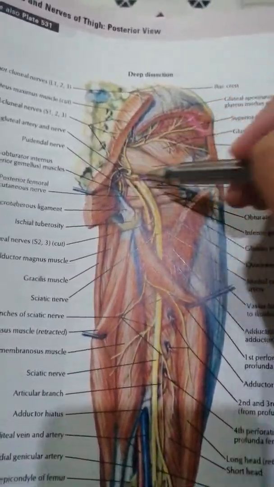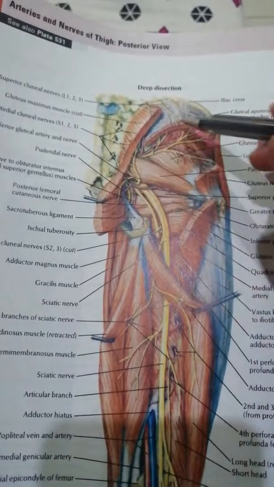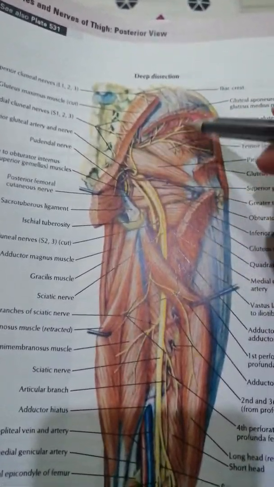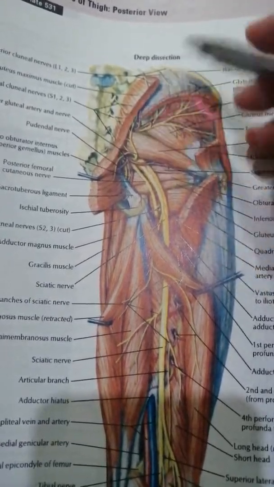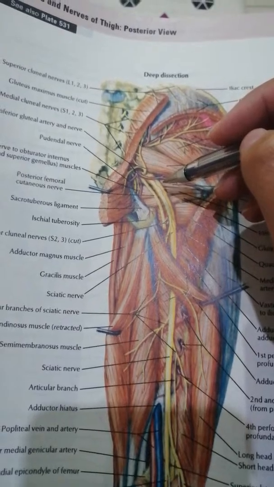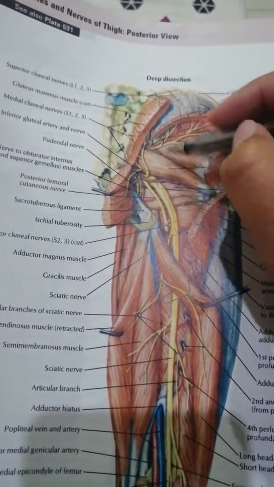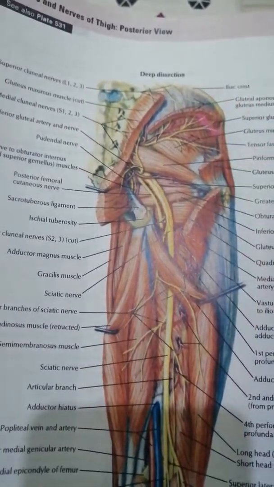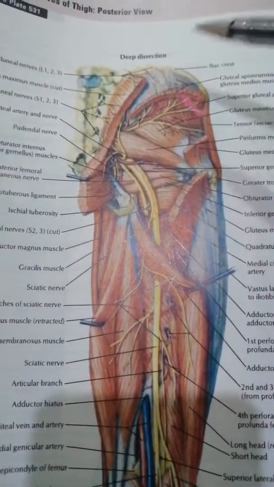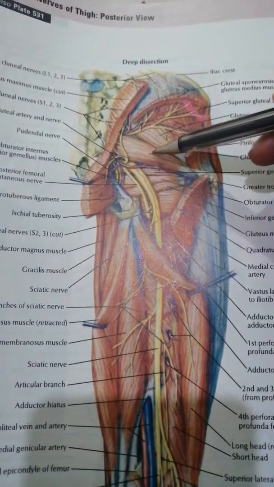So the sciatic nerve is basically previously in the pelvis, right? And what are the relations of the sciatic nerve in the pelvis? In the pelvis, the sciatic nerve lies in front of the piriformis. In this diagram, this is the piriformis muscle, right?